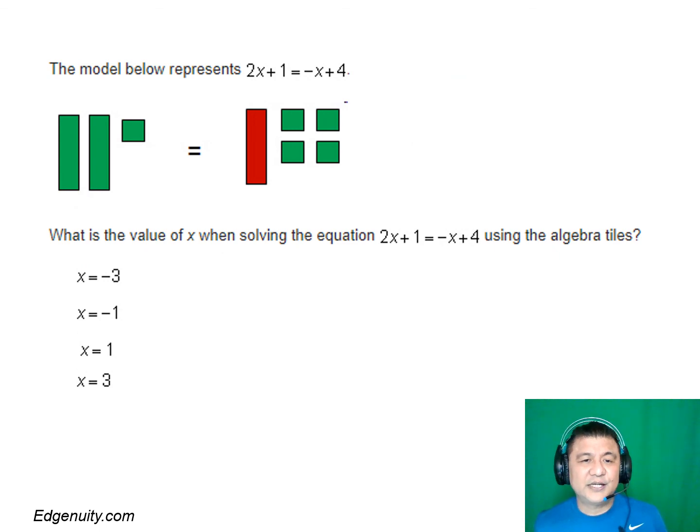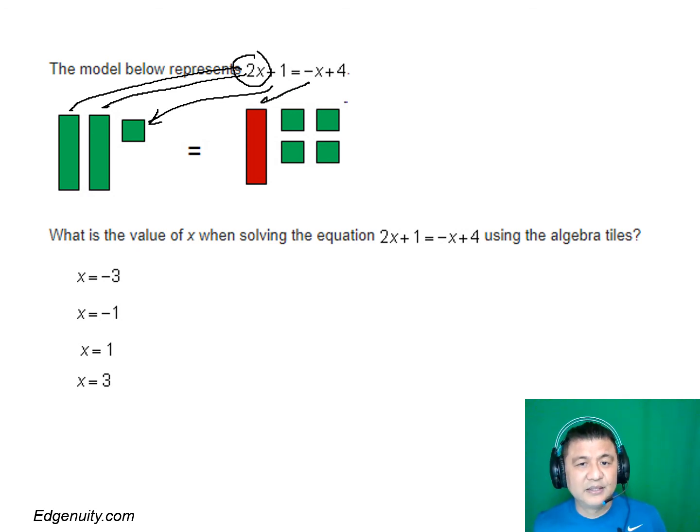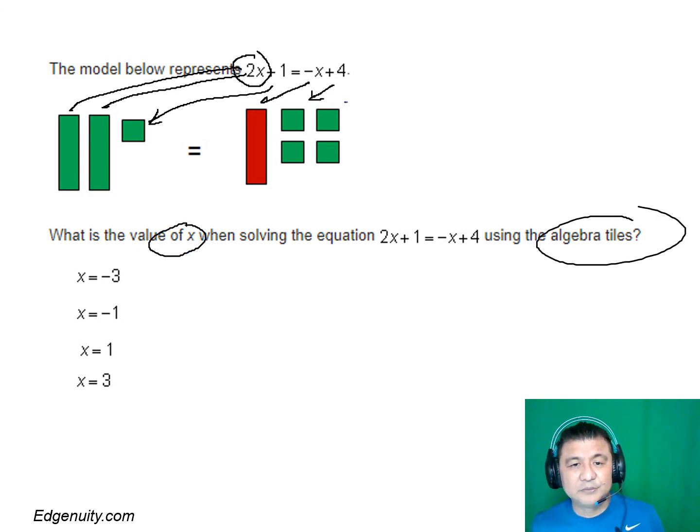Next, let's check out this model. 2x plus 1. Does that show 2x? Yes. Plus 1, there's the 1. Negative x, red, correct. Plus 4, correct. What is the value of x when solving for this? Using algebra tiles, we need to get rid of the x's. Look at this, this is a negative x.